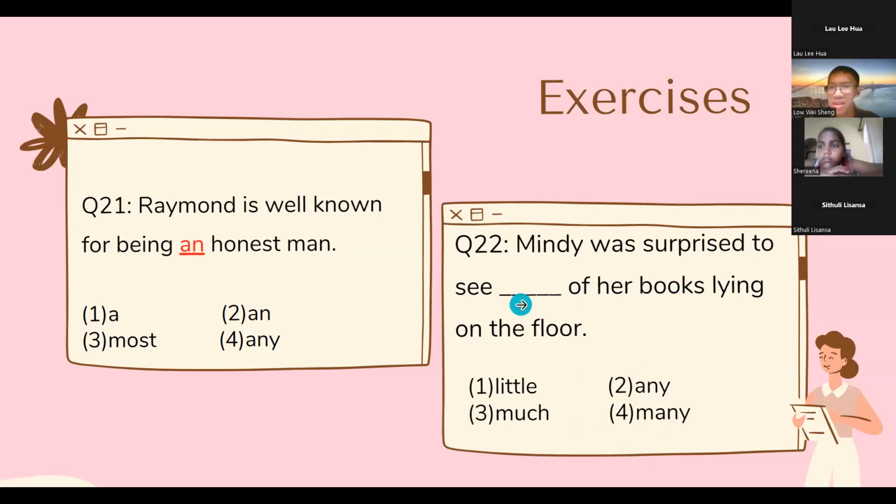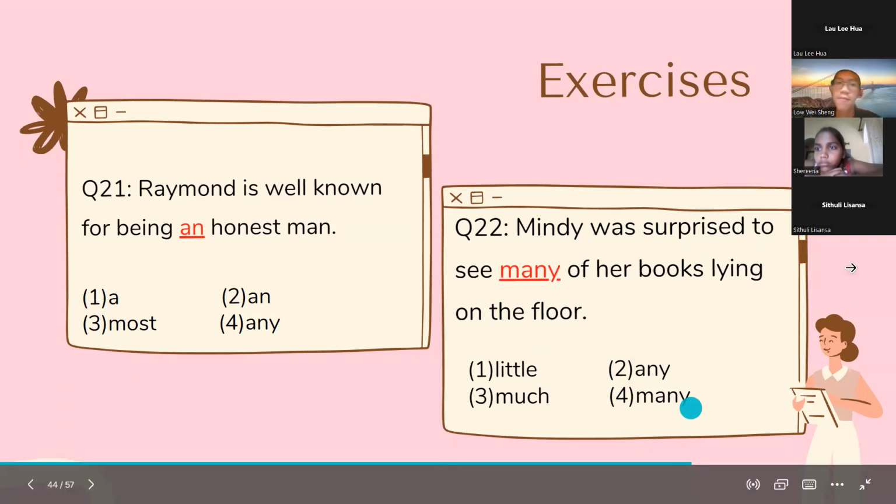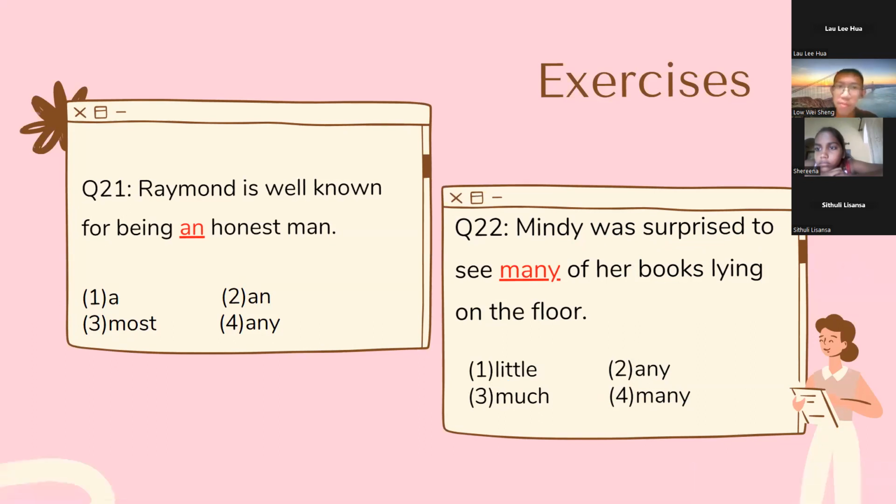If there's none of her books lying on the floor, or a small number, she probably won't be that surprised. So with this context, there's probably a large number of books, and so the answer is many. It's not "little," it's not "much." Just in case some of you are wondering why, it's because "little" and "much" are for uncountable nouns, and books are countable.